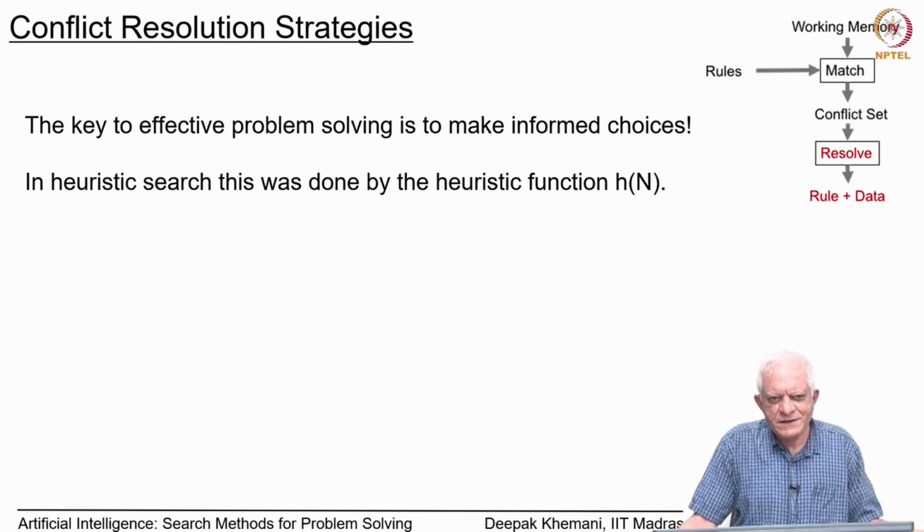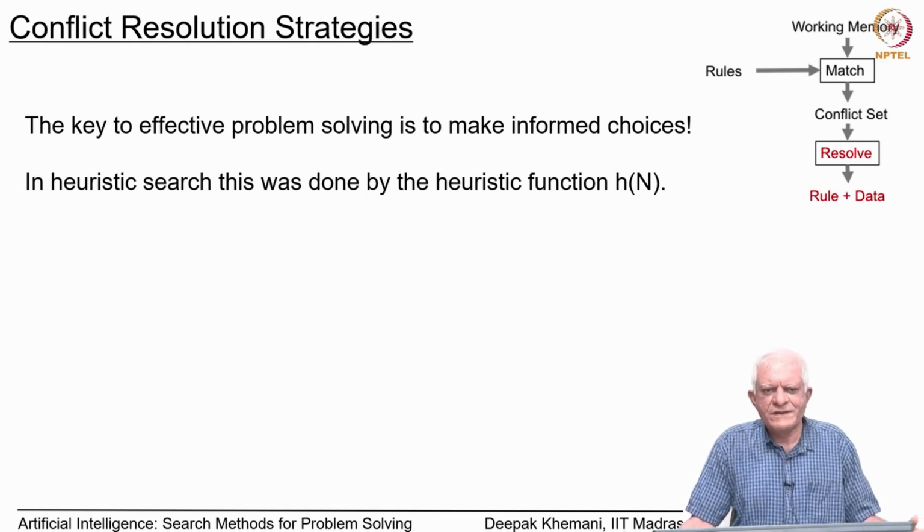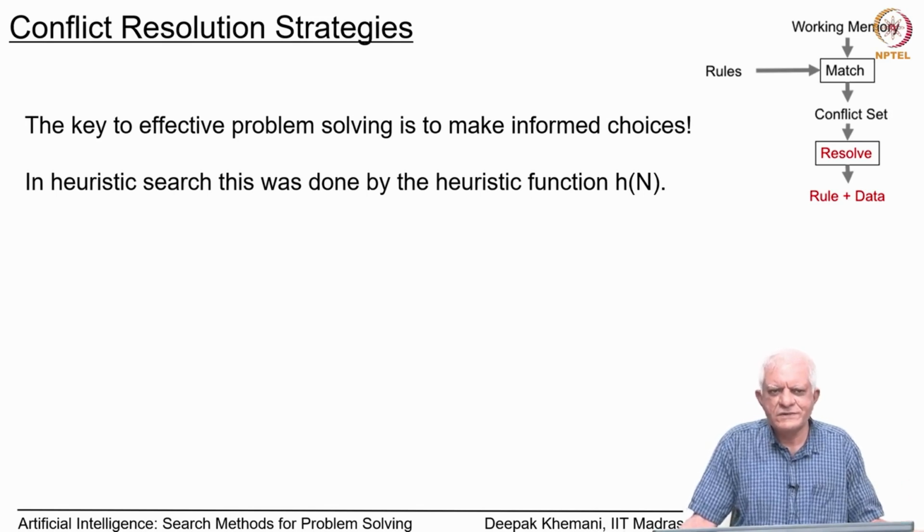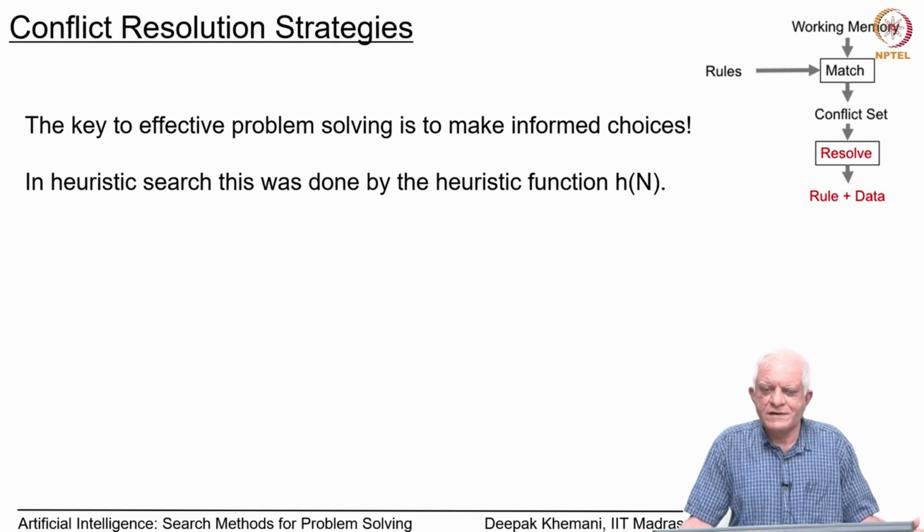I must have mentioned during the planning lectures that the community has tried to evolve domain independent heuristics in the planning task, which says basically that somehow if you can look at the problem and get a rough idea of which move will take a shorter amount of time, a rough idea, not necessarily correct, then we can use that as a domain independent heuristic.